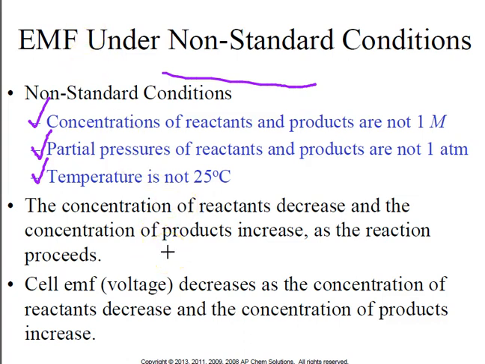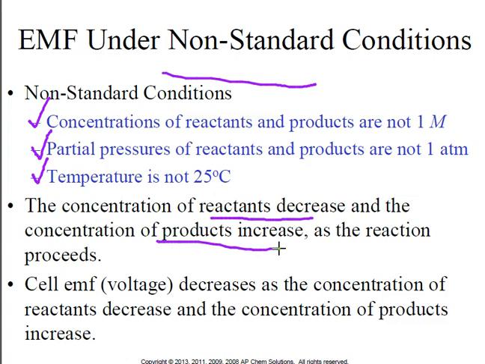For example, just as the reaction runs in general, if you have a battery and you plug it in and you had some reactants and products in that battery, as the battery goes, your reactants are of course going to decrease and your product concentration is going to increase. That happens naturally. So as soon as you start your cell, it's not going to be standard anymore.